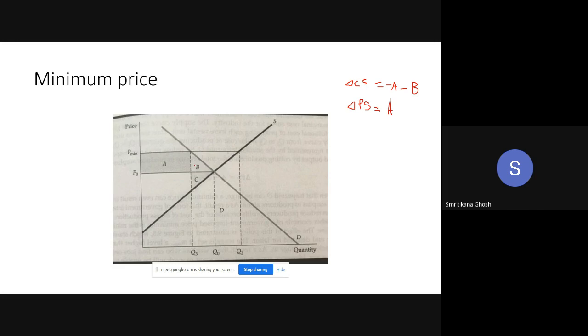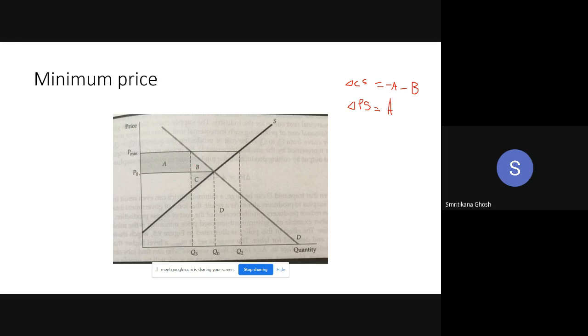Just forget about Q min now, because Q min is over. He said it is the gain A, so I agree with it. But with respect to quantity, initially they could sell Q naught, now they are selling Q3. So it is the change of producer surplus. Ma'am, plus A minus B minus C. That minus B is also there.